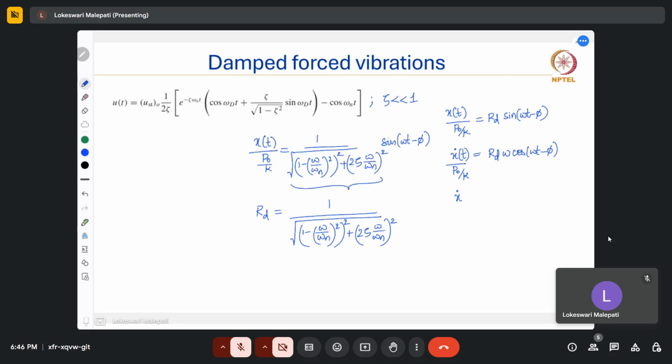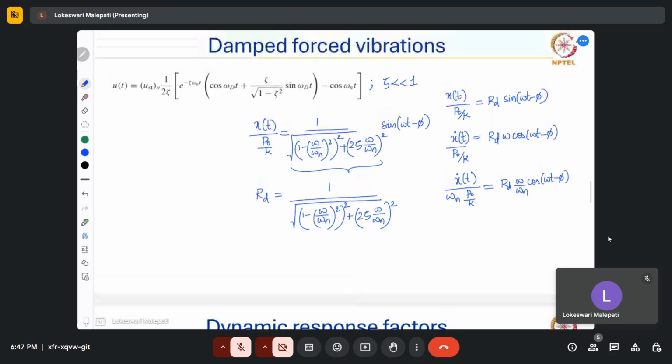So we'll get omega n times p naught by k is equal to RD omega by omega n cos of omega t minus phi. So that means this term is called the velocity response factor.